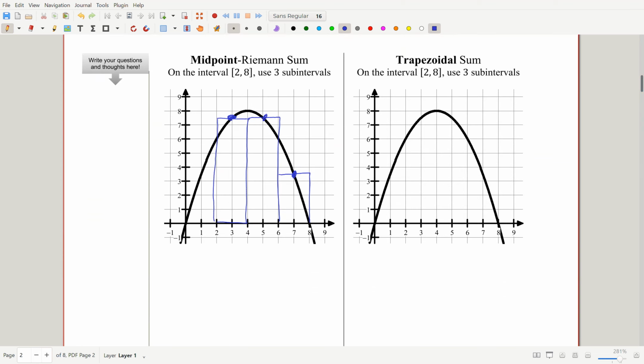We aren't estimating based on having the function, but we have 7.5 times 2 plus 7.5 times 2, and then this one is 3.5 times 2. So altogether 15 plus 15, and then this is another 7, so we ended up with 37 with this approximation.